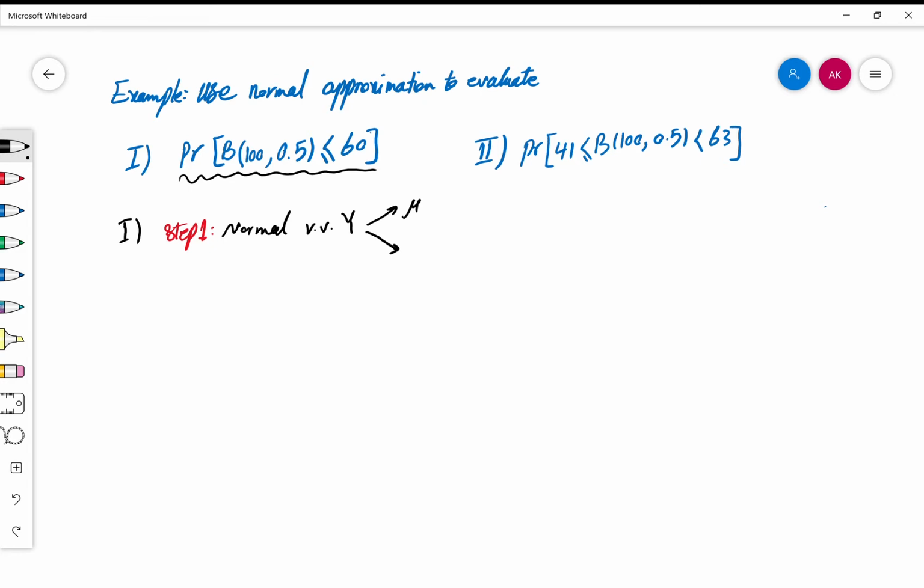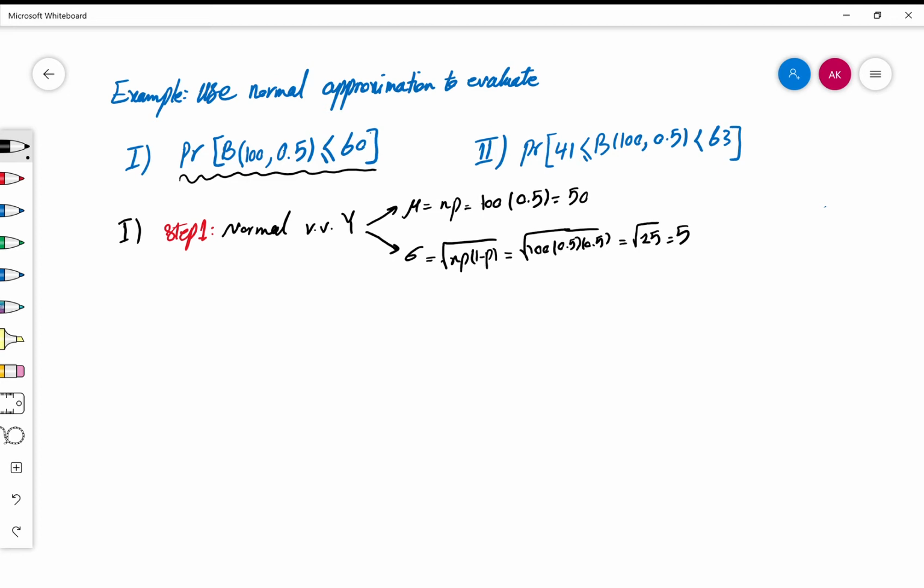One is the mean and one is sigma. The one which approximates the binomial has the same mean, so np, in this case 100 times 0.5, which is equal to 50. And the same sigma, so the square root of np(1 minus p), here 100 times 0.5 times 0.5, that's root 25, which is 5.